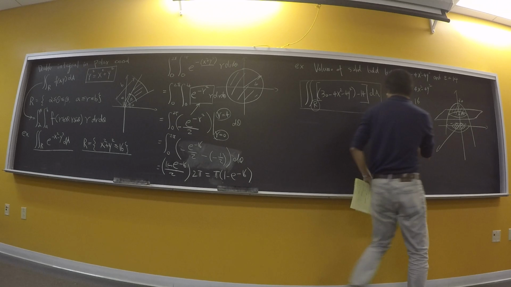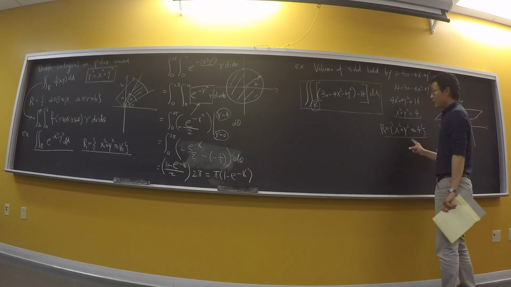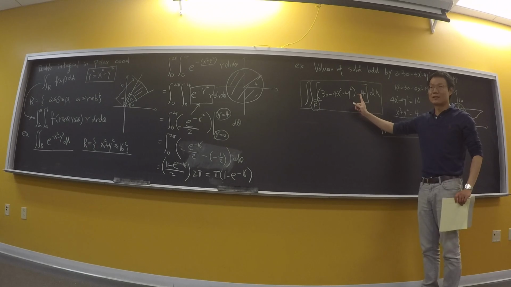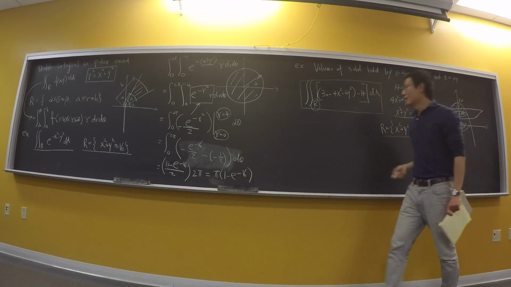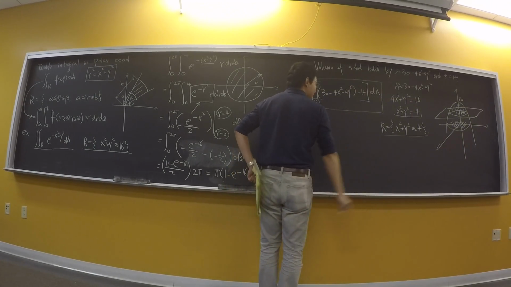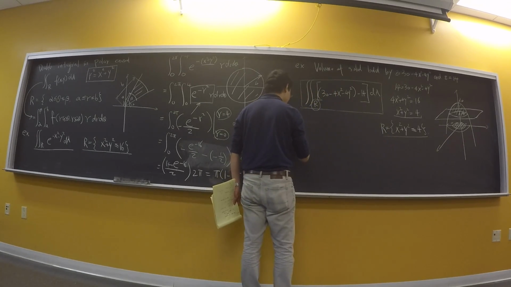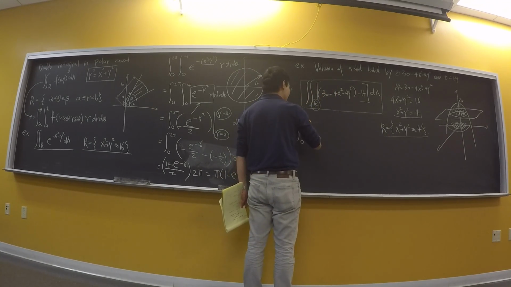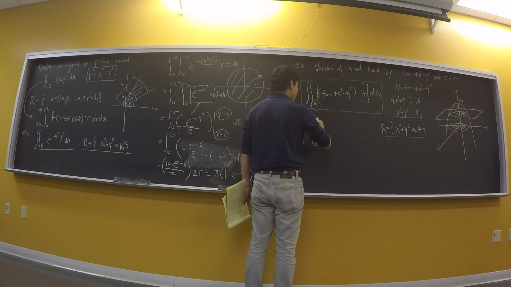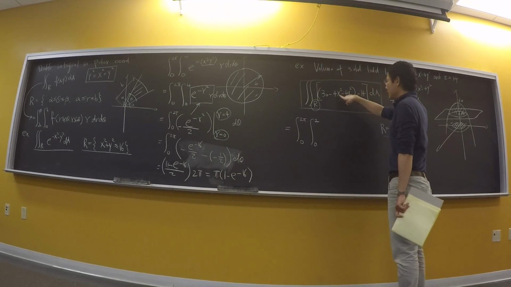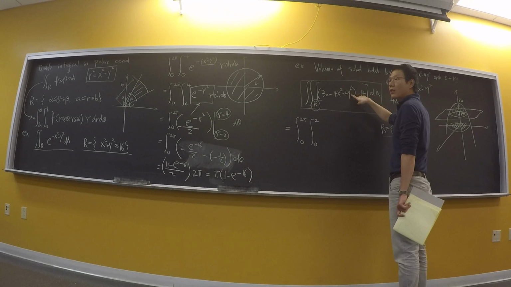So if I'm looking at this double integral, I know the intervening region is here, and also I see squares and squares. I want to go for polar. All right? So I want to go for polar, and for this kind of region, we're pretty smooth about it already. So it has to be between 0 and 2 pi for the angle, from 0 to 2 for the radius, and then I need to translate everything from x, y to r and theta, all right?